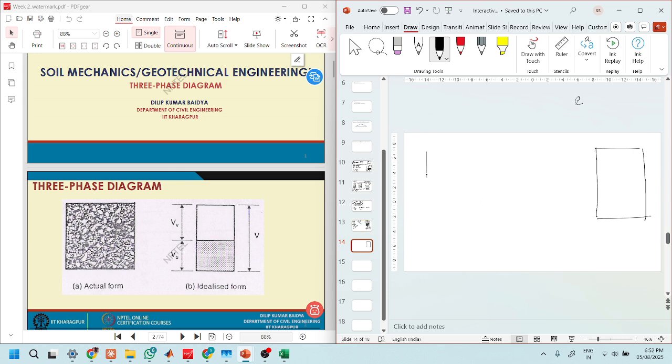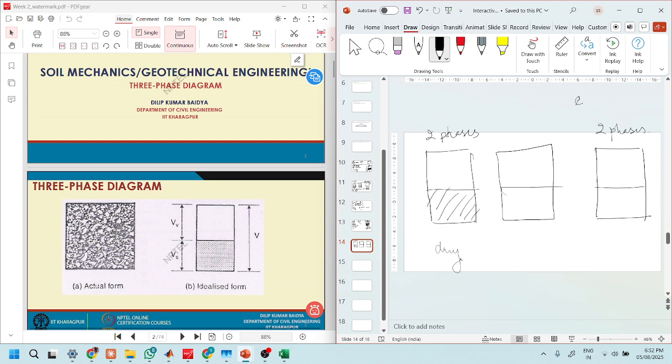So there are two cases in which you will have only two phases with soil. One case is when the soil is completely dry and you have air there. The other case is when it is completely saturated and then we have water.